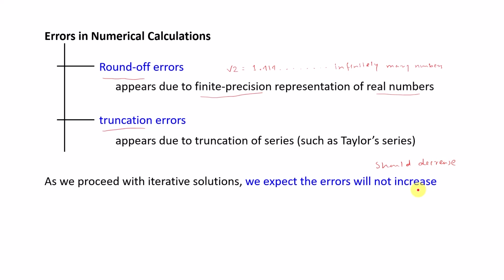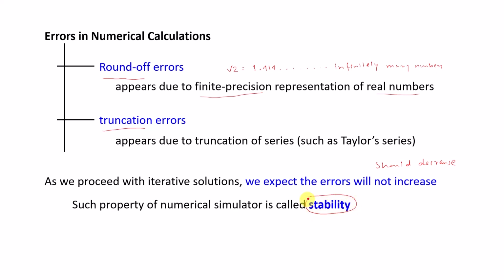If it increases, then we are in a very bad situation. The property of a numerical simulator that the errors will not increase is a very important property, and we call this stability. For an algorithm to be useful, it must be stable.